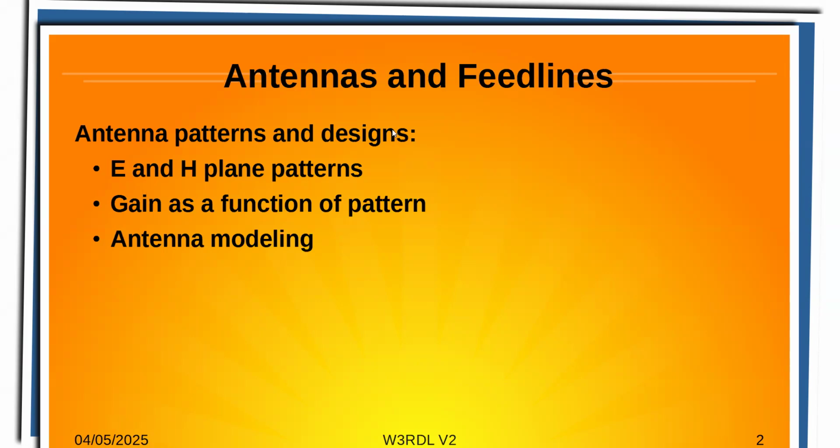It's an antenna modeling tool that was developed by Lawrence Livermore Labs, a guy that worked there. They have an old Fortran program called NEC, which was a way to calculate electric fields.